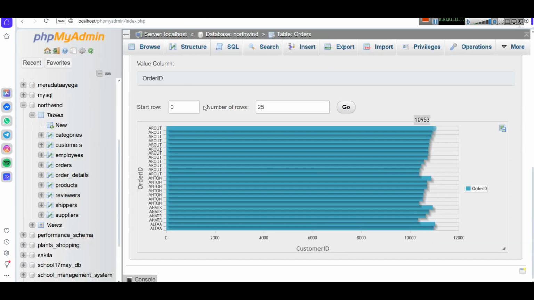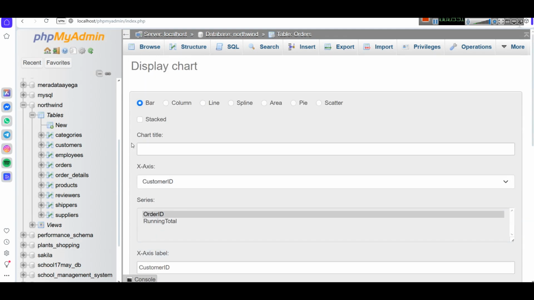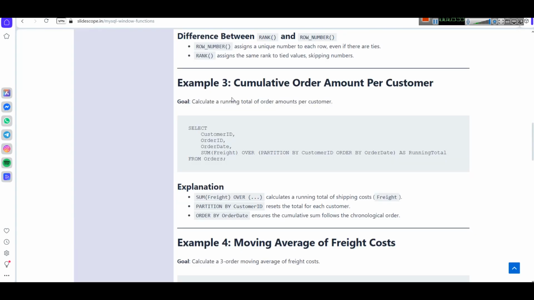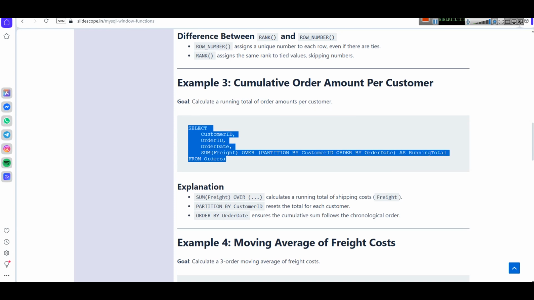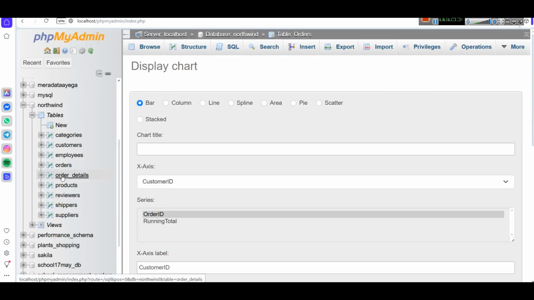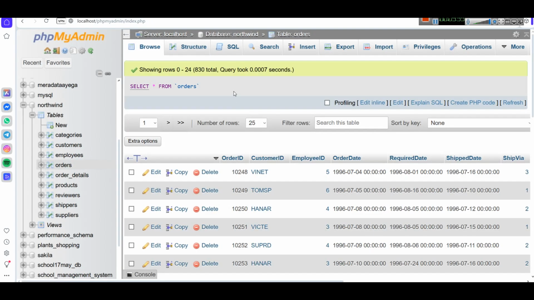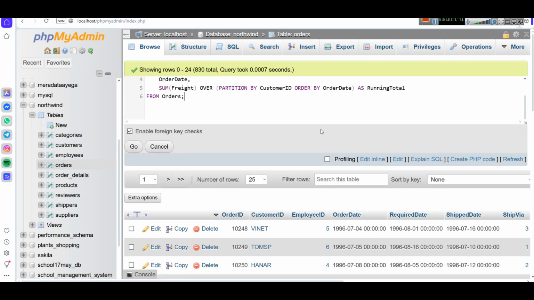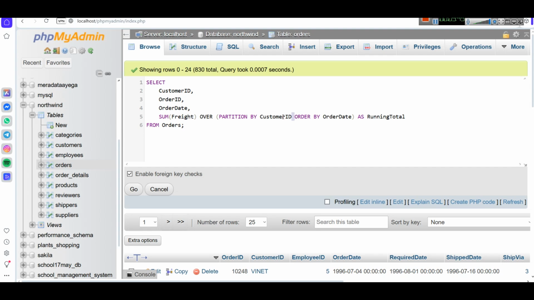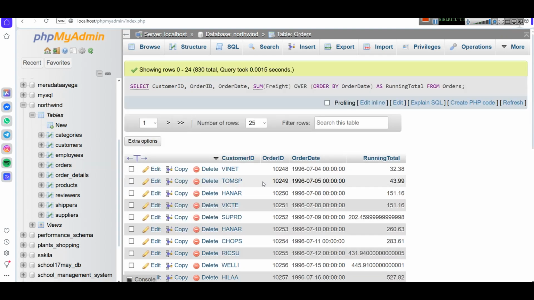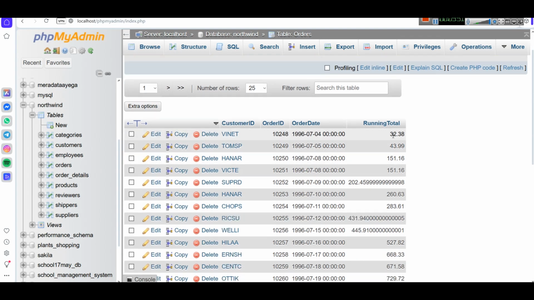So here in this example also, like what we did earlier, in orders, when we are calculating the freight charges paid by each customer, it is like that. If I remove partition by customer ID here just for now, you can see first we got 32, then we got 43, then we got 151, then 151.